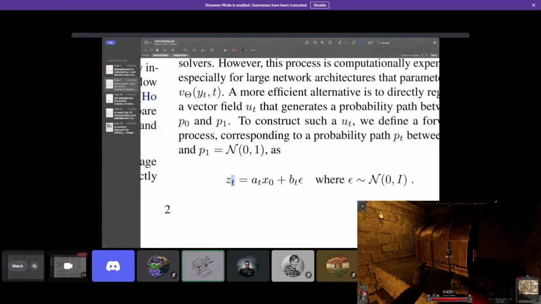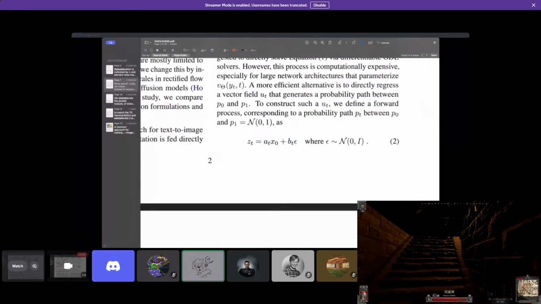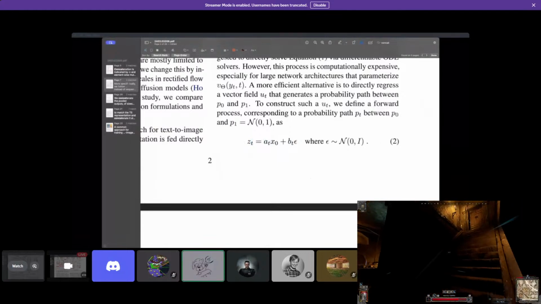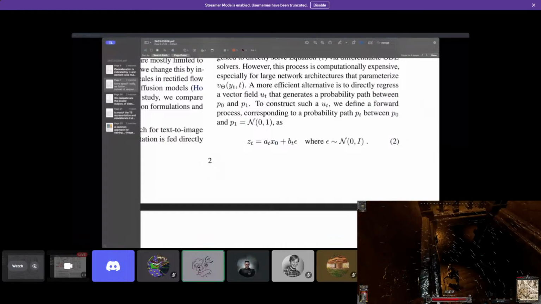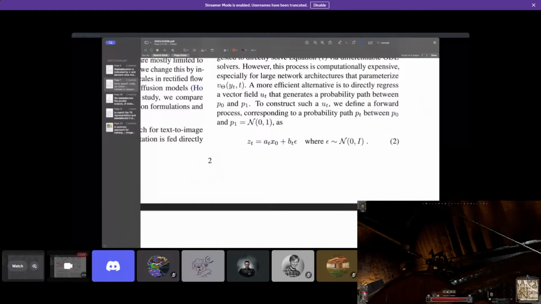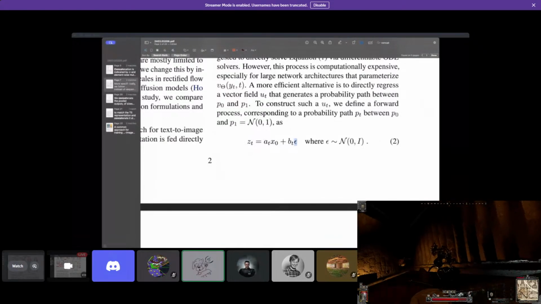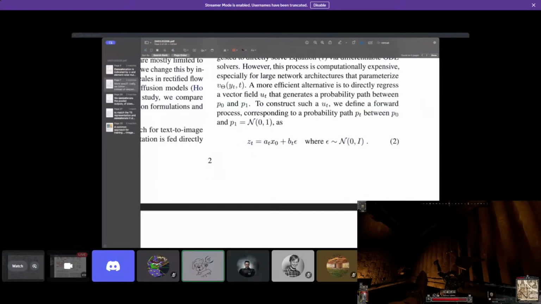The t here represents the time step where we're at, such that at time step 0 you're at the image, and at time step 1, if you go from 0 to 1, you are at pure normally distributed noise, and then the goal is just to revert that flow.